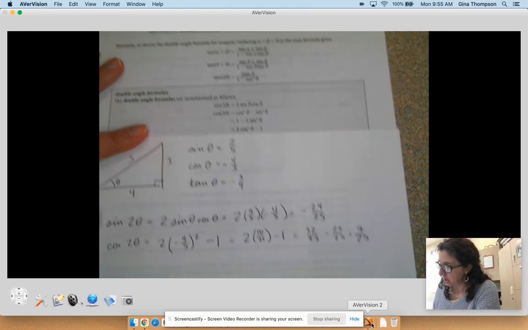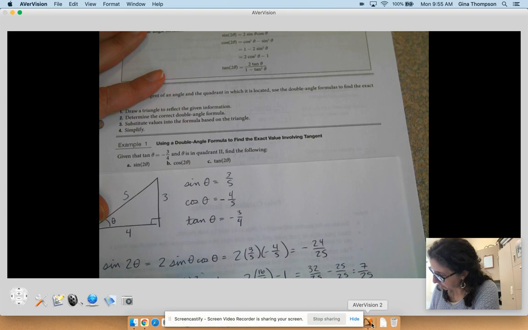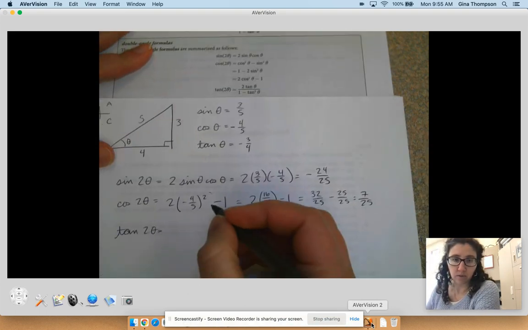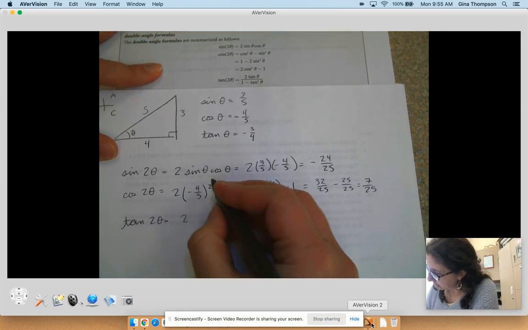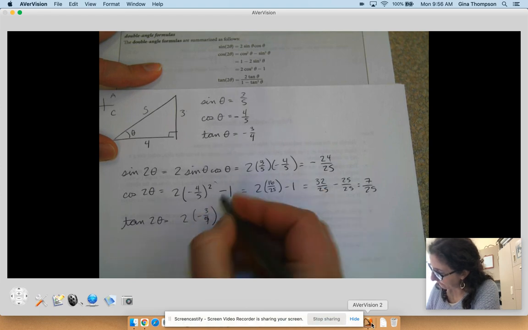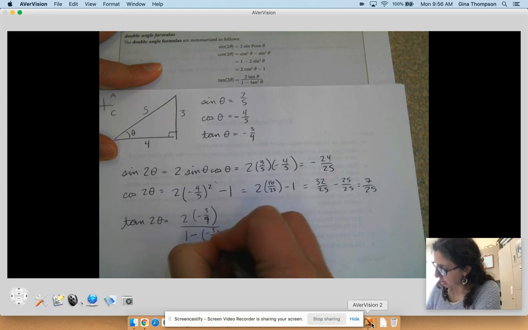Okay. And lastly, tan of 2 theta is going to be 2 times tan of theta over 1 minus tan of theta squared.